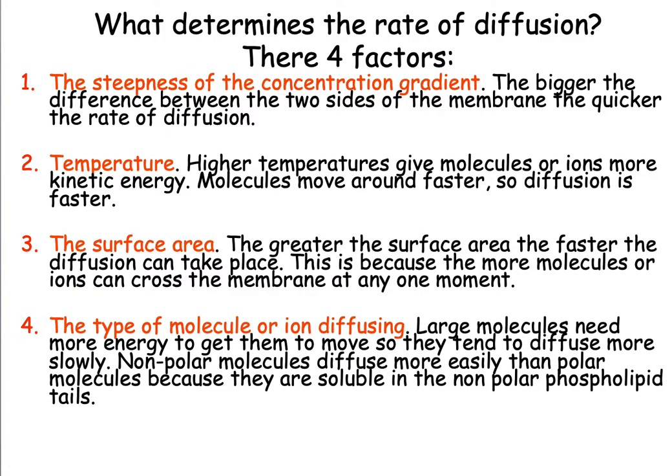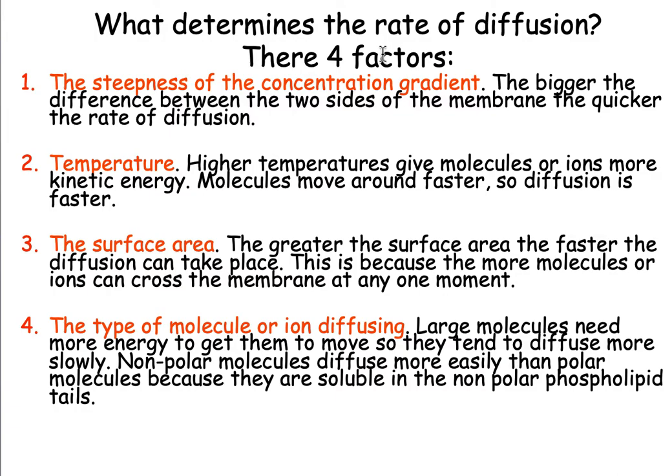So what determines the rate of diffusion? How fast diffusion will go is determined by the rate of diffusion, and there are four factors involved. Number one is the steepness of the concentration gradient. The bigger the difference between the two sides of the membrane, the quicker the rate of diffusion, self-explanatory. And then the temperature.